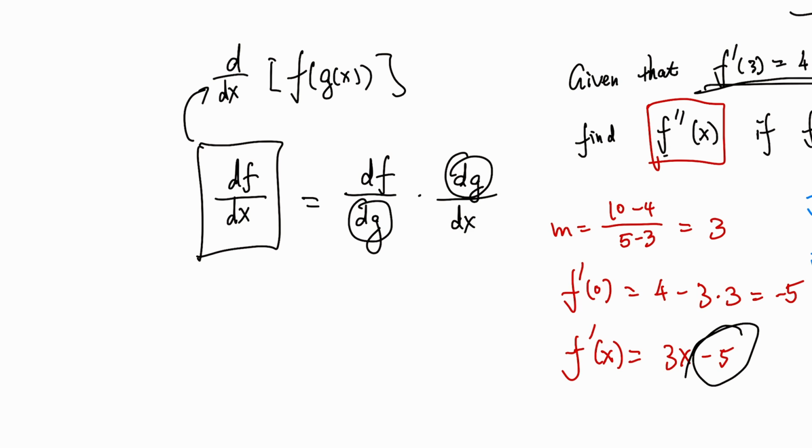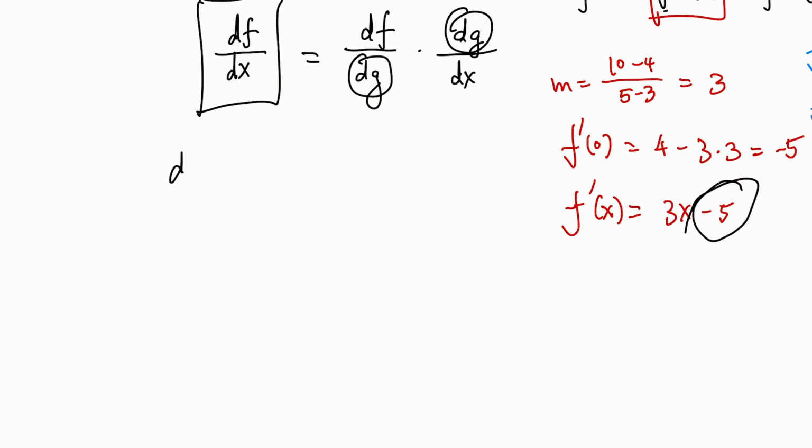Let's actually rewrite this. df over dx is equal to the limit as h approaches 0 of delta y, basically the change of y. Let's write it as the change of f so that we don't mix it up with our g.